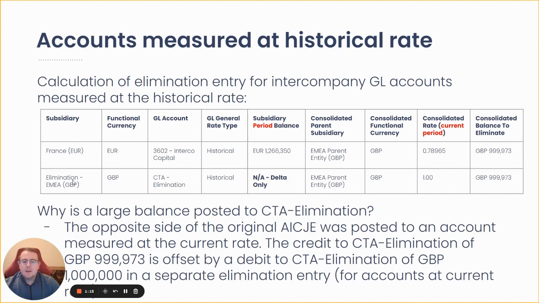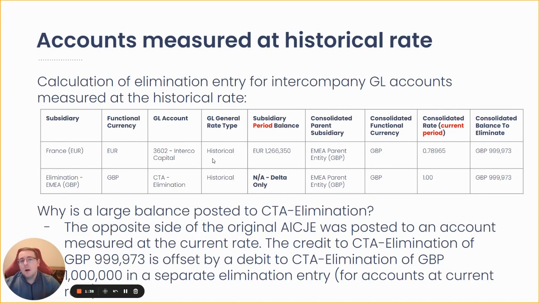Notice in this case, the offset to this balance is directly against the CTA elimination account. Now you might wonder, why would such a large balance be posted to the CTA elimination account? The reason is that the offset to this intercompany transaction is against an account measured at the current rate.